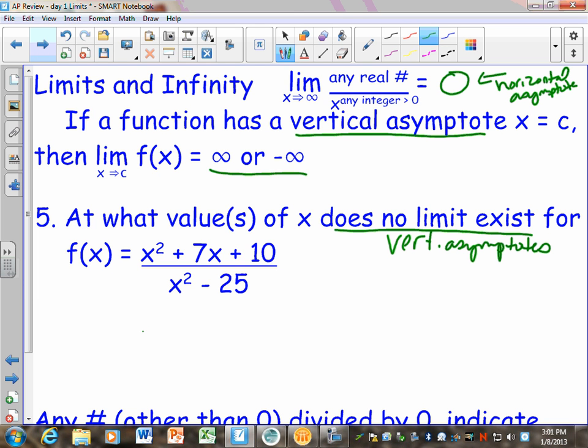So be really careful on this. You've got to factor. On the bottom, we can factor this into x minus 5 and x plus 5. But on the top, what can I factor that into? That multiplies to give me 10 would be 5 and 2, and adds to give me 7.